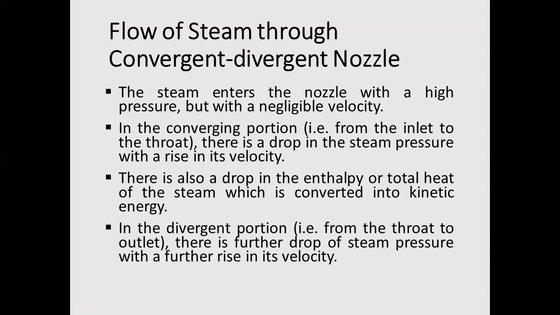There is a drop in enthalpy also, which is converted into kinetic energy. In divergent portion, there is further drop of steam pressure with a further rise in velocity. So mainly the nozzle is used to increase the velocity of steam.